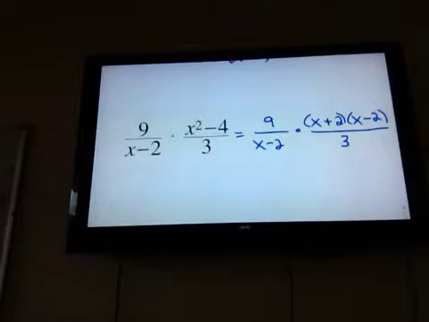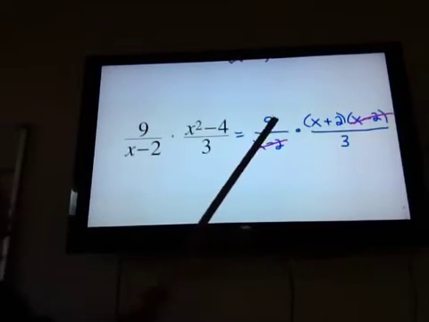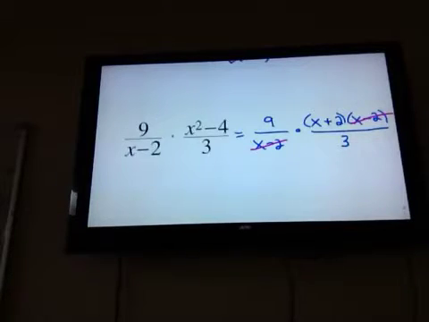So I've got two groups that look alike, x minus 2 and x minus 2. And then I can also reduce this 9 and this 3. Monomial terms there. So that 3 goes into itself once, 3 goes into 9 3 times.